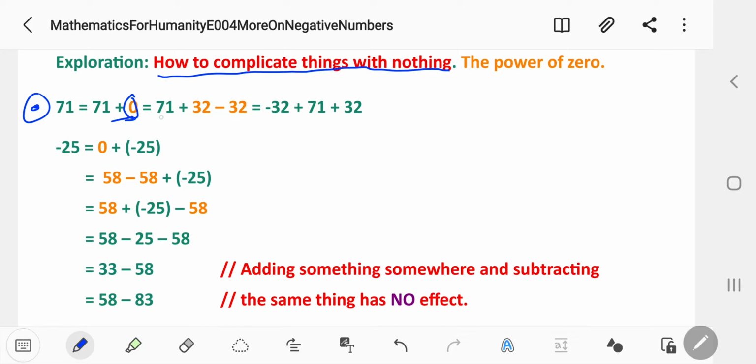So you can write 71 plus 32 minus 32, because this is equal to 0. But since you can interchange the order, you can also write this.